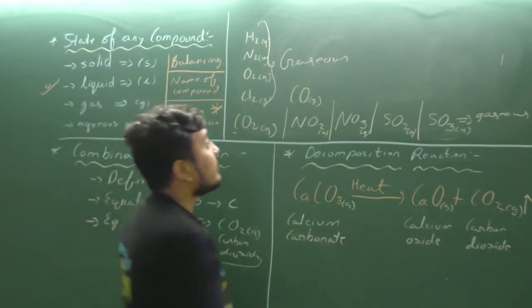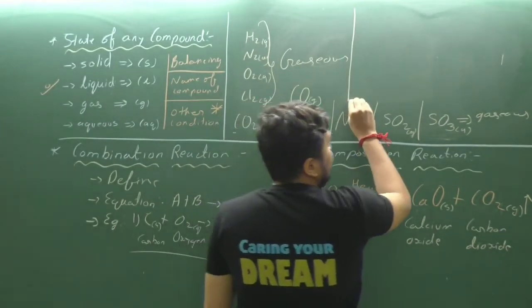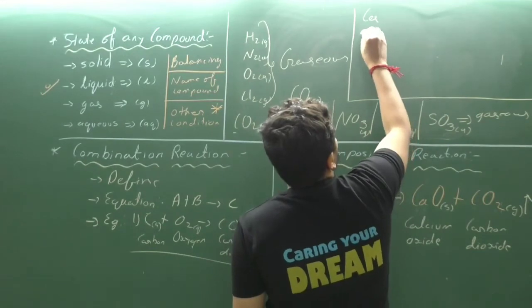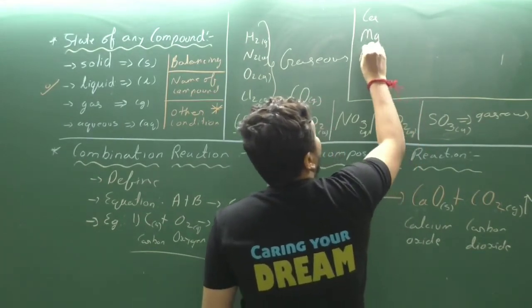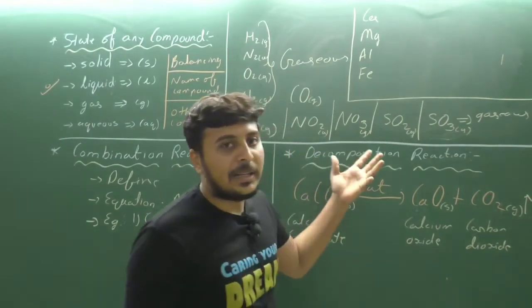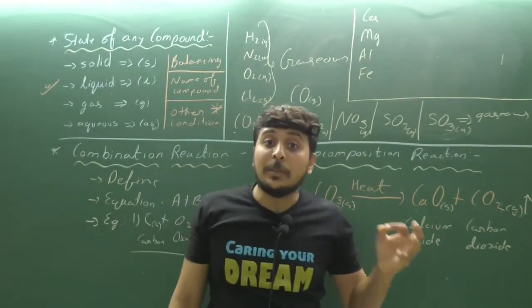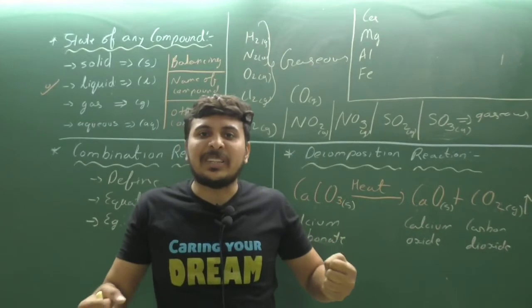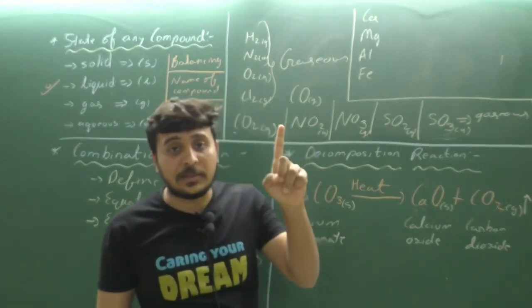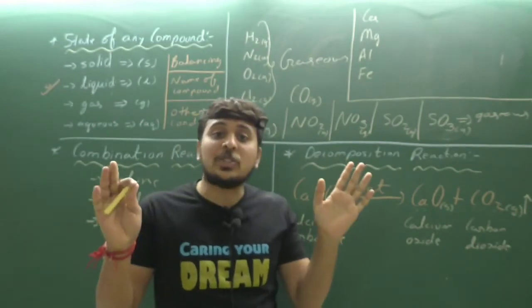Now what are the metals? Calcium, magnesium, aluminium, iron. These are the metals. We know the physical properties of the metals. Most of the metals are strong and solid in state. Exception, mercury. But most metals are solid in state.